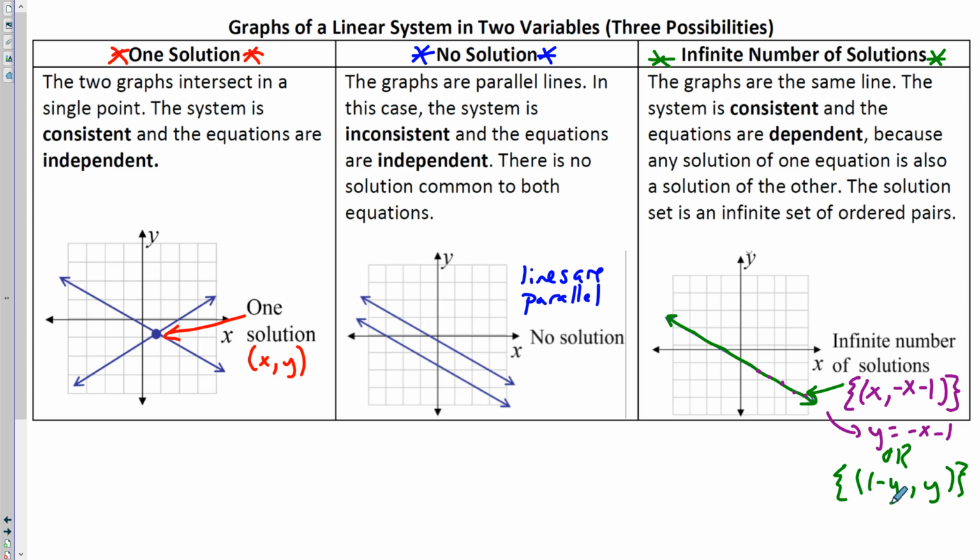So this would be an example where you could list your potential solutions either where x is that value to be plugged in or y is a value to be plugged in. So as we proceed through our different solving methods, we want to be aware that we could fall into any of these three categories. I could have that one solution where I get a particular x value and y value as my solution, that we have no solution because our lines are parallel, or that I am really talking about the same line twice, that every single point on my line is a solution to our system.